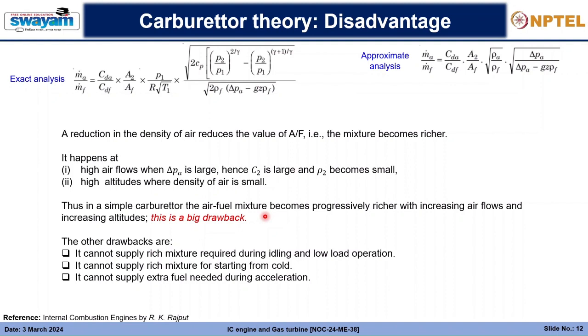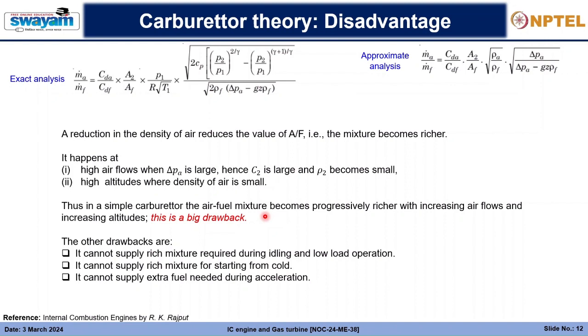Once the combustion is initiated and sustained, the engine will keep on running. If cooled, in order to sustain this, a rich mixture is required, because a high amount of fuel means a high amount of energy is being drawn out, and it will quickly heat up the entire system. But that is a drawback for the simple carburetor, and for that some auxiliary systems are required, which we'll be discussing in the next session, in order to supply that rich mixture.